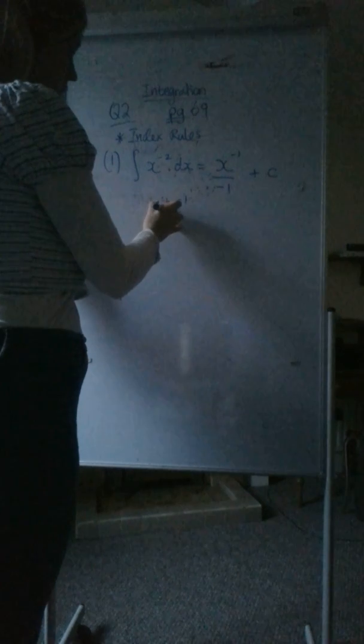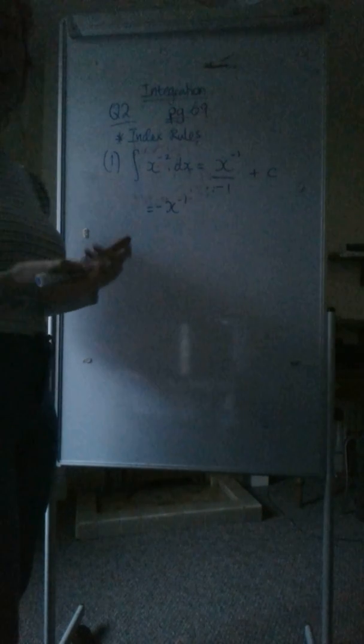Now, if you make this a little bit neater, the divided by minus 1 just means the whole thing will have a minus in front of it. If you remember back to index rules, we wouldn't want to give our answer back as a minus power.